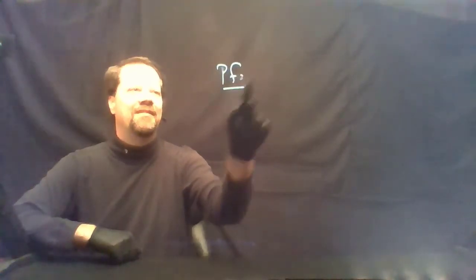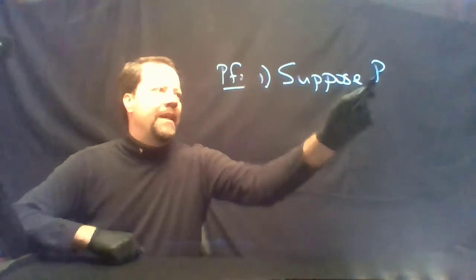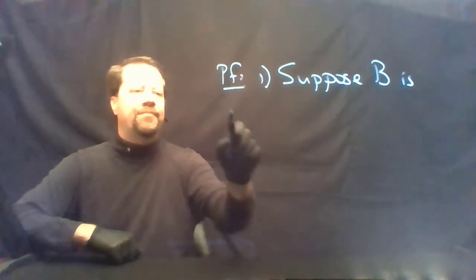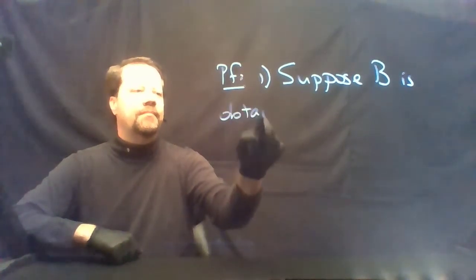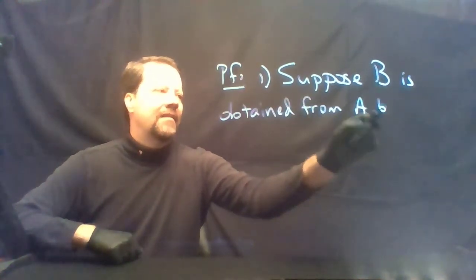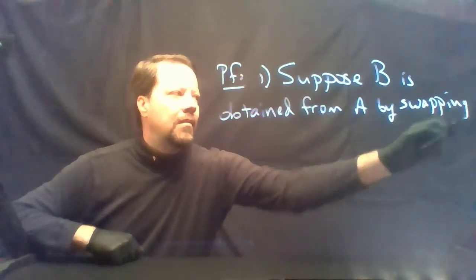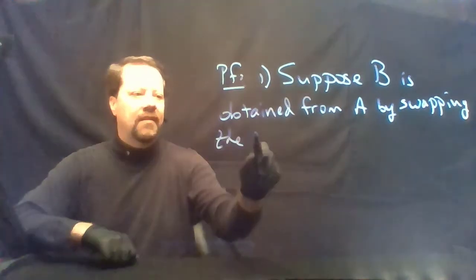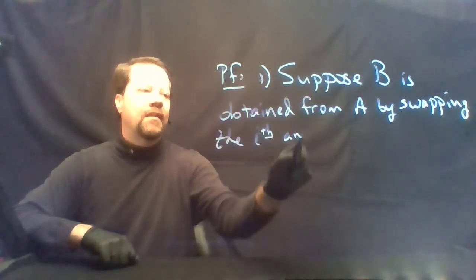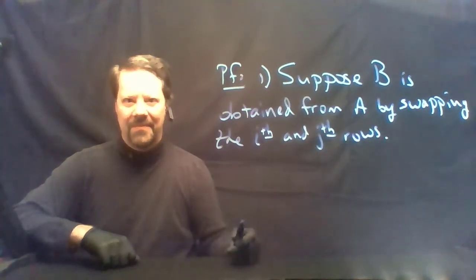Now the proof for part 1. Suppose B is obtained from A by swapping the ith and jth rows.